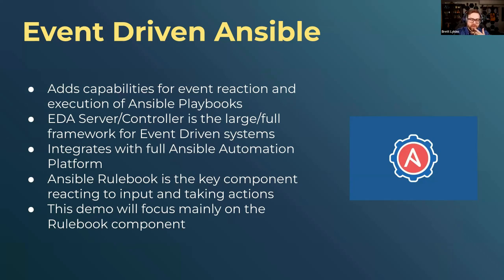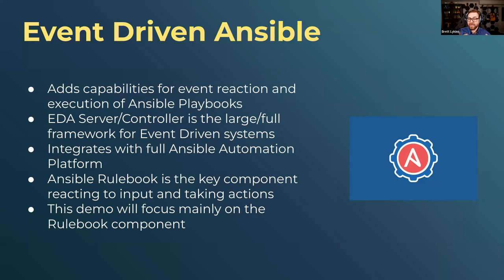And so again, there's a larger platform, and I'll show an example on the next page of what that looks like. For our example, we're going to focus specifically on Ansible Rulebook, the application, because it's the heart of the EDA server, and it's a lot easier to grasp and run in the small scale. If you're doing this to start with and you want to do something that's listening to 5 or 6 different possible webhooks and running 5 or 6 different possible playbooks, you can do that just with the native Ansible Rulebook app.